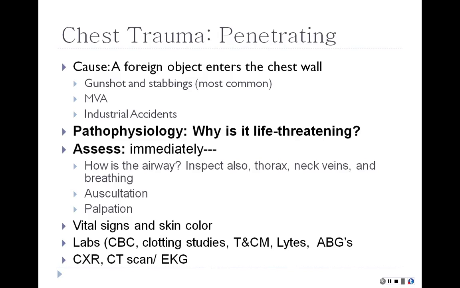Now, with the penetrating trauma, as you can imagine, there's some foreign object that enters the chest wall, and certainly the ones we're most familiar with are gunshot and stabbings, and we certainly have those in this area. The patient's very short of breath, has air hunger, is restless. They may have a sucking chest sound at the wound site.